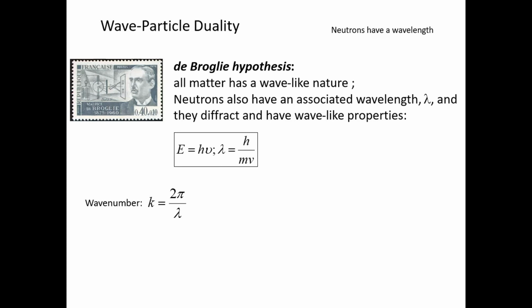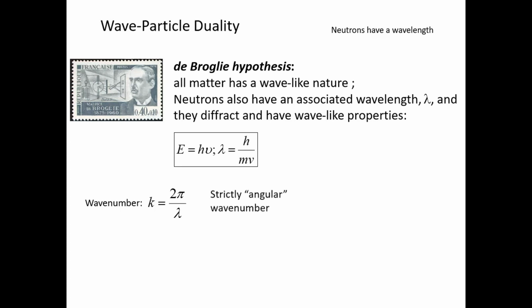The neutrons have wave numbers. Since they have the wave, the wave also has a wave number, which is defined as how many waves are within 2 pi. So 2 pi divided by lambda is the defining wave number.